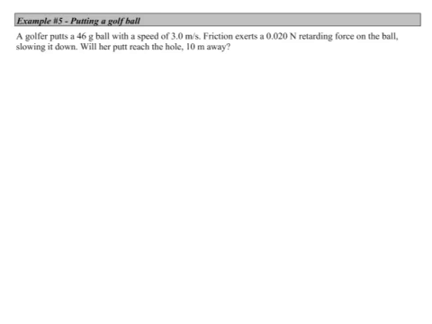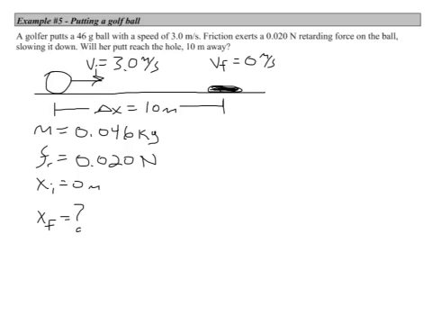A golfer putts a 46-gram ball with a speed of 3 meters per second. Friction exerts a 0.02 newton retarding force on the ball, slowing it down. Will her putt reach the hole 10 meters away? Okay, so here's what we know about this. We know the mass of the ball. We know the frictional force acting opposite the direction of motion.